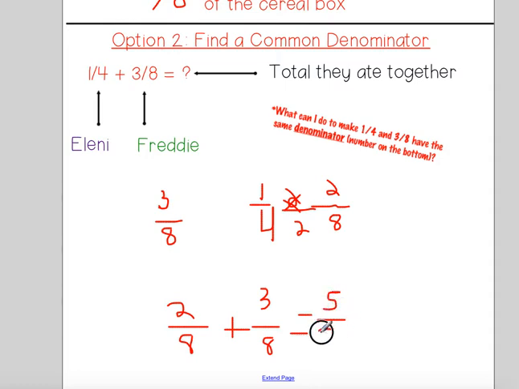And you'll notice that when I'm adding fractions with common denominators, I only add the top numbers. My bottom number, or my denominator, stays the same, and I add my numerator, or my top number. So that's where this 5 is coming from, and that's why this 8 is staying the same, because we only add the numerator. So 3 plus 2, or 2 plus 3, gives me 5. Leave my denominator the same, 5/8.